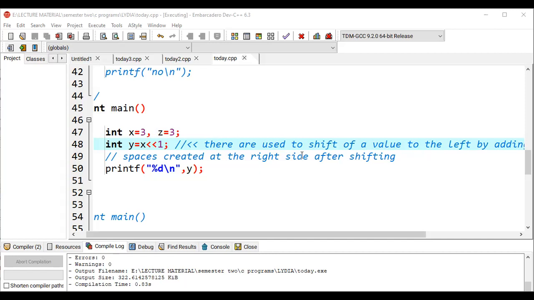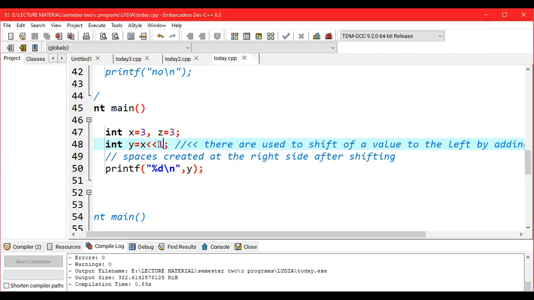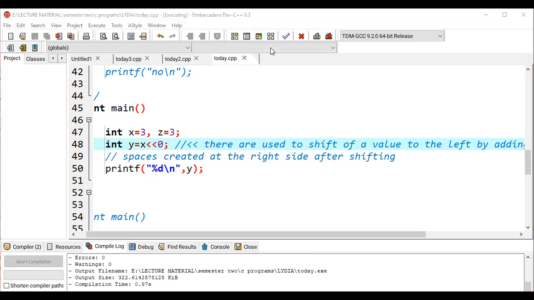Now if they are saying that x is less than 3, which mathematics are they applying? If I have a shift of 1, it becomes 6. If I have a shift of 0, it becomes 3. If you put a 0, it becomes 3.